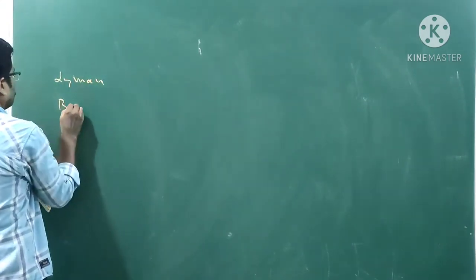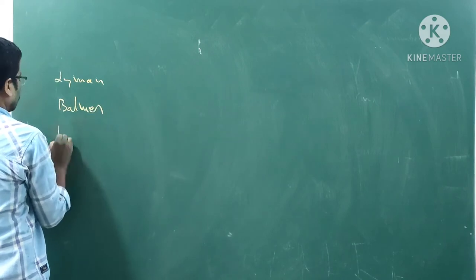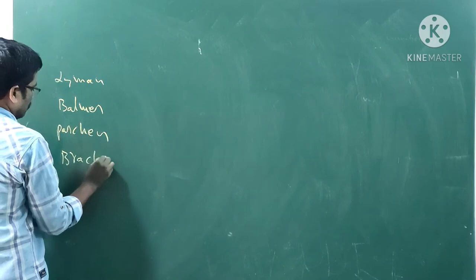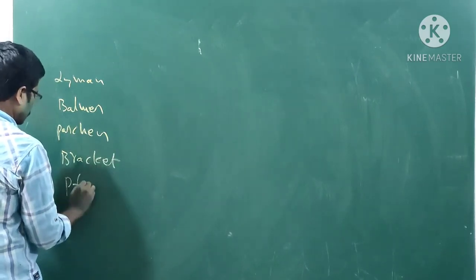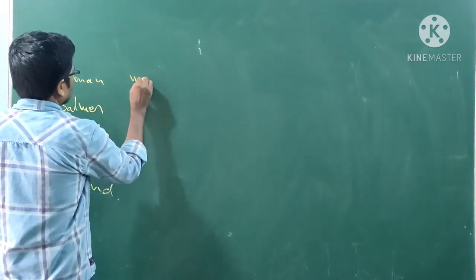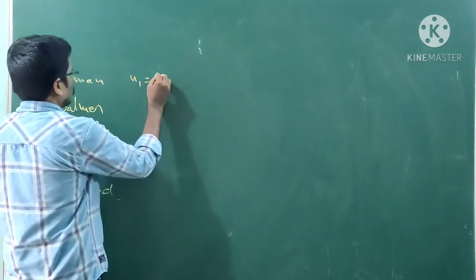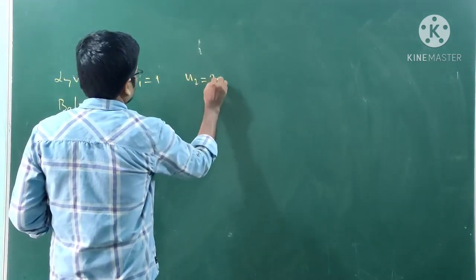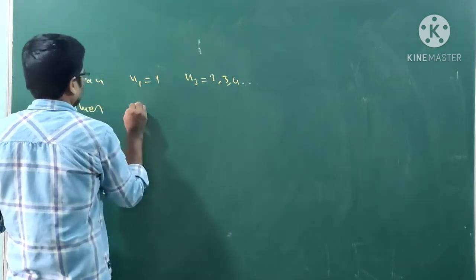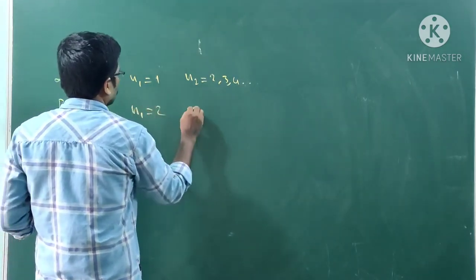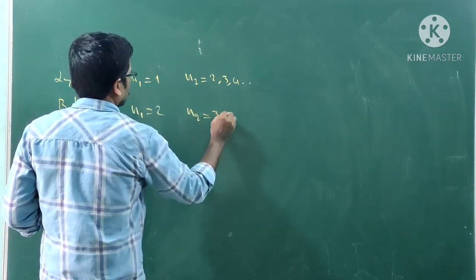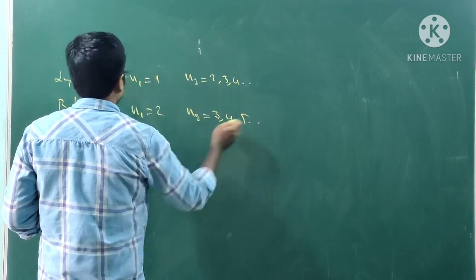Lyman, Balmer, Paschen, Brackett, Pfund. They explained the lines. For Lyman, starting point n1 is equal to 1, and n2 is equal to 2, 3, 4, and so on. Next, Balmer has n1 equal to 2, and the final stage n2 is equal to 3, 4, 5, and so on.